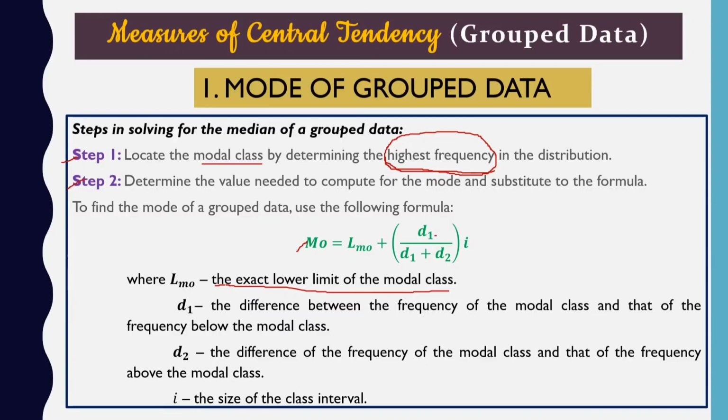D sub 1 is the difference between the frequency of the modal class and that of the frequency below the modal class, over d sub 1 plus d sub 2. D sub 2, on the other hand, is the difference of the frequency of the modal class and that of the frequency above the modal class. And then we have the value of i, or the size of the class interval.